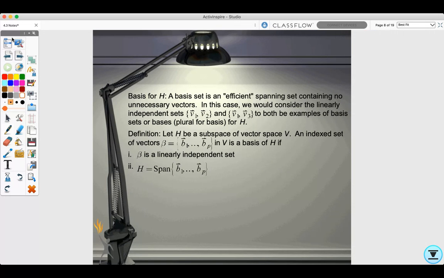Basis for H. A basis is a set that spans efficiently, a set containing no unnecessary vectors.